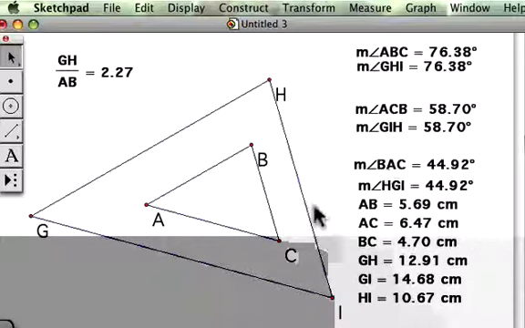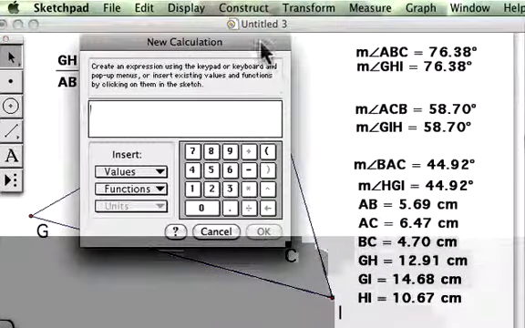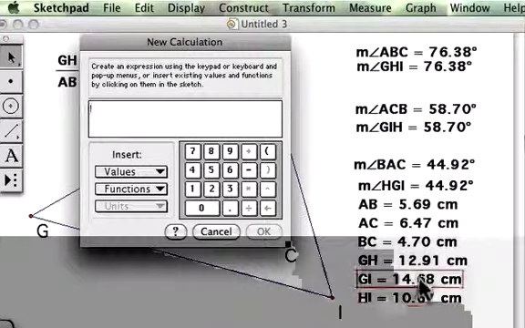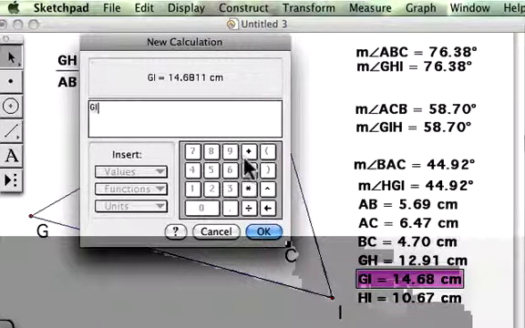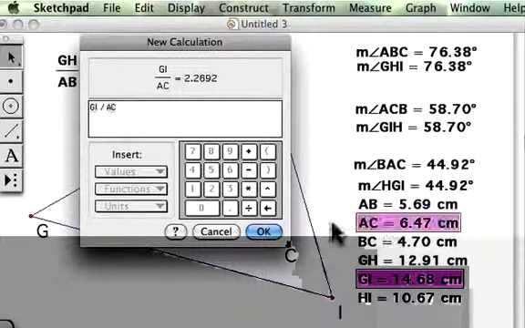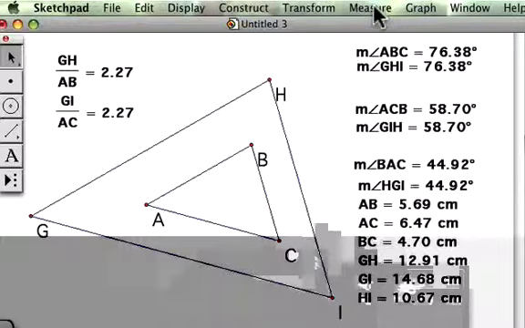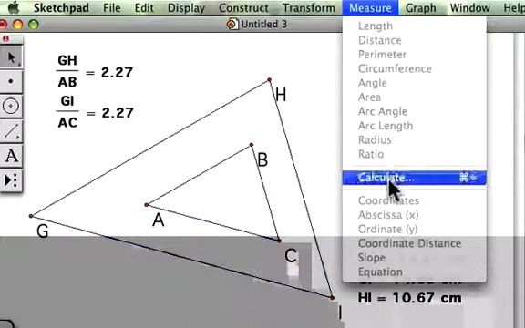Then we're going to calculate the next ratio, which is GI divided by AC. And then the last pair of corresponding sides is HI divided by BC.